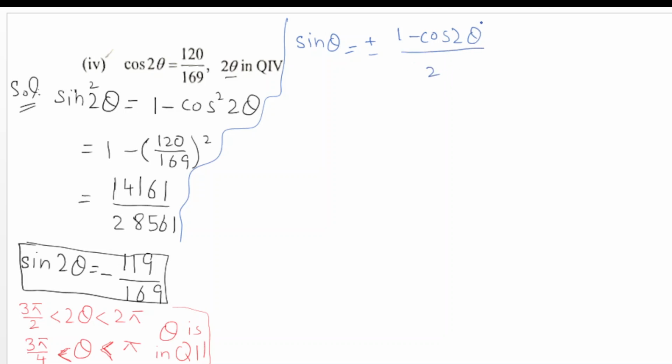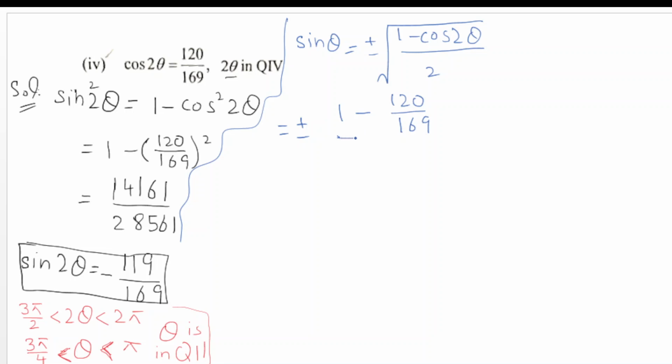As I gave the link, you can go to the lecture series and you will find how we put this formula. So let me write here cos 2 theta equal to 120 by 169. We'll put the value over here.